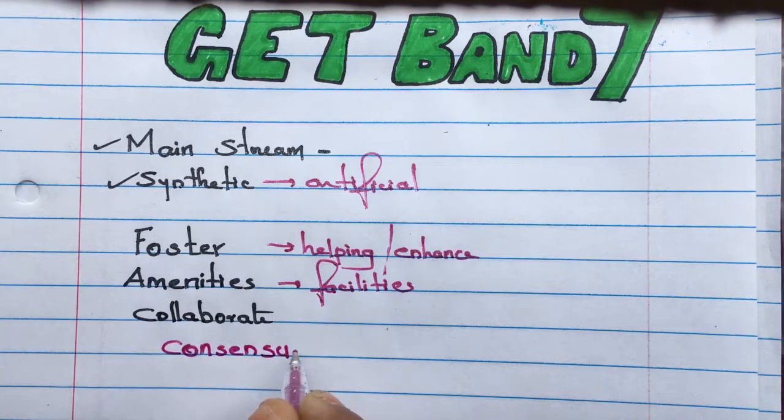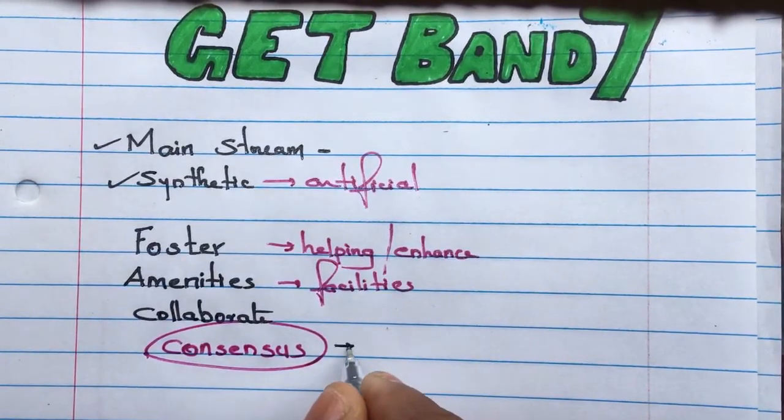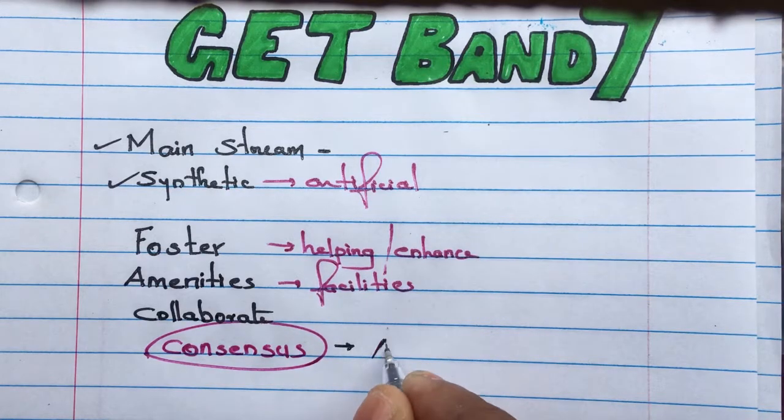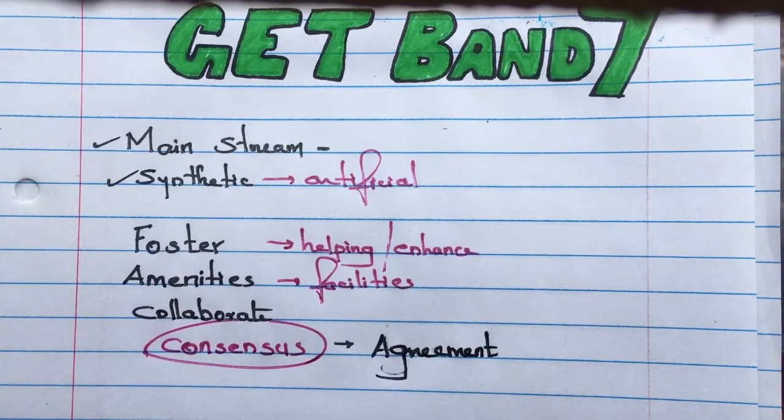And the next word is consensus. What is the meaning of consensus? Consensus means an agreement, okay? So what is the agreement? Agreement says that we have some mutual understanding, right?